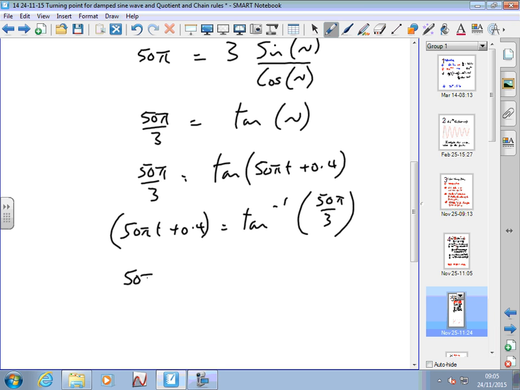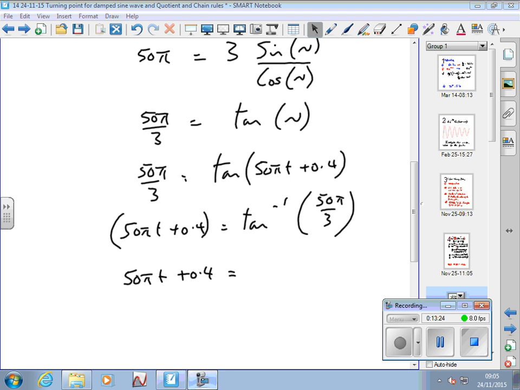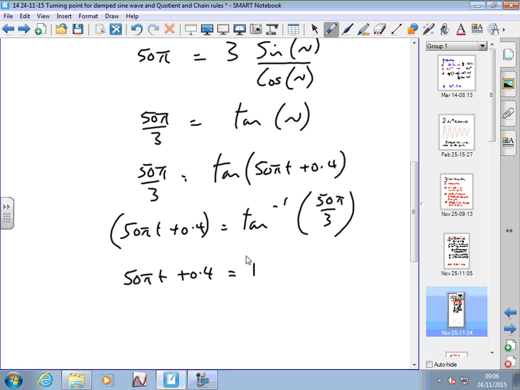So 50 pi t plus 0.4 equals... yeah, we want it in radians. It is in radians. 0.55.